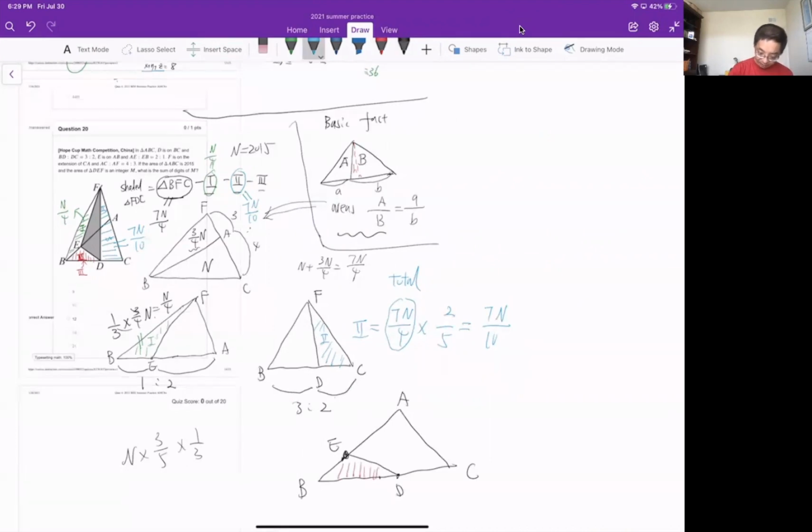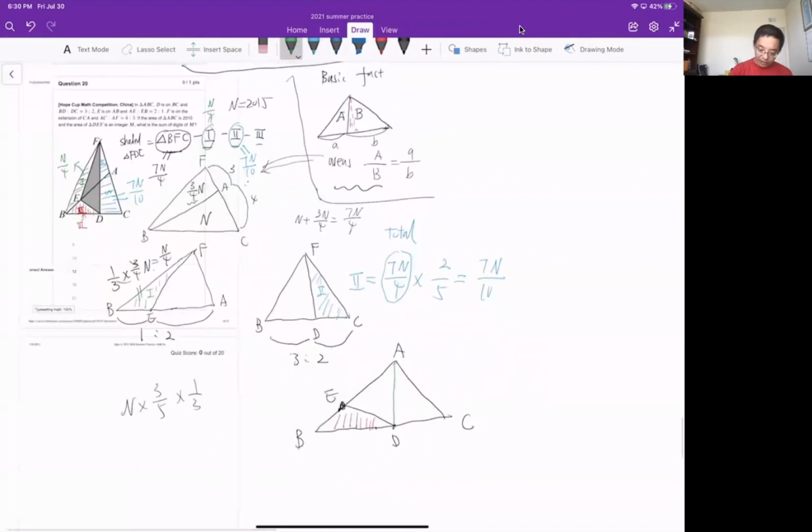Okay, let's connect this AD. First of all, let's calculate this ABD, right? Because this, again, is 3 to 2, so ABD, the total is N. For this ABC, it's just N times 3/5. And for these two here, this is 1 to 2.